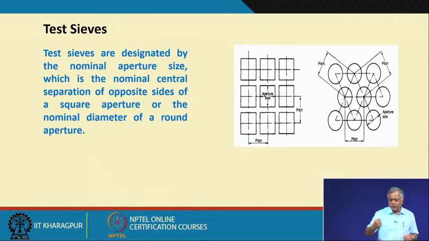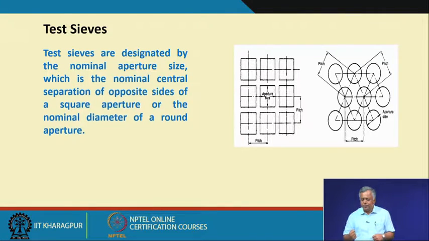If I have a punch, then I can have circular holes. Suppose I have a plate and I am punching it, I can have holes that are basically a circular shape.